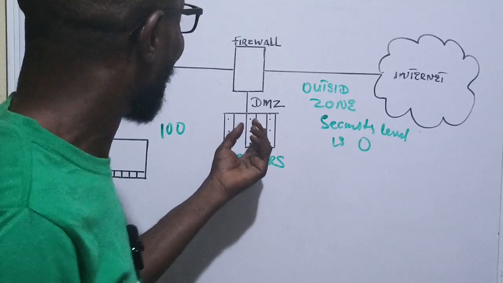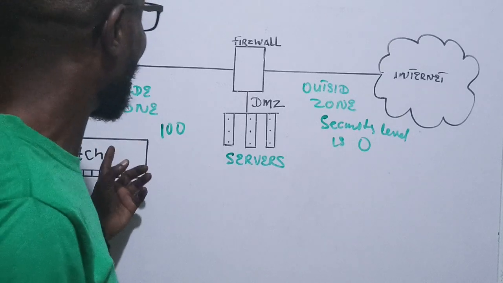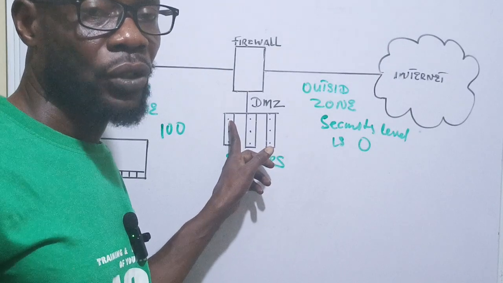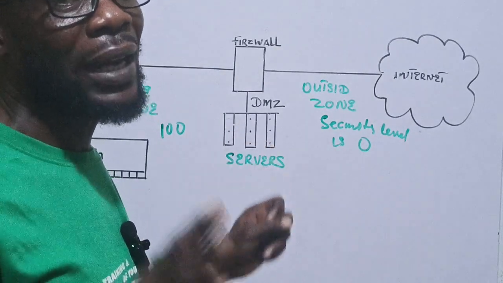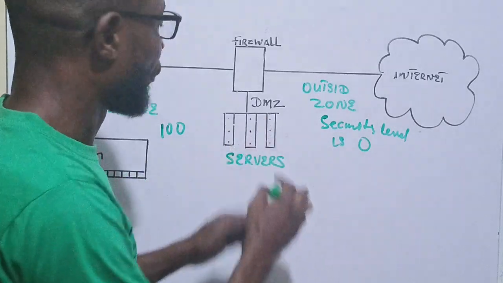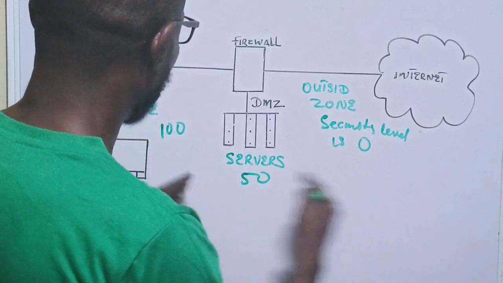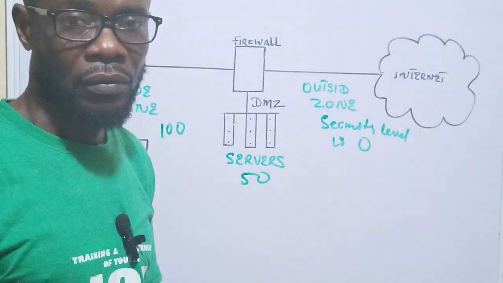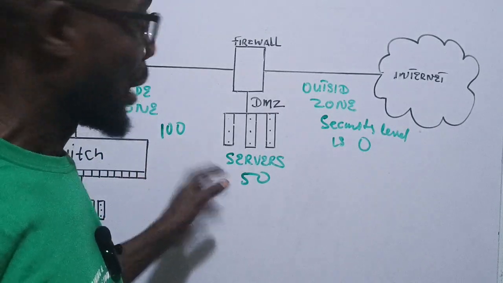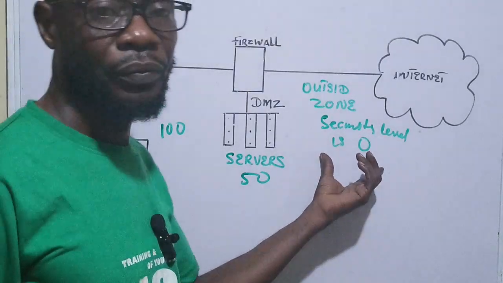Traffic cannot flow from here to the internal LAN, but traffic can flow from the internal LAN to this demilitarized zone. So access is given to the public to this level, and this security level is considered 50, in between. So this is the highest security level, this is the limited one, and this is 0.